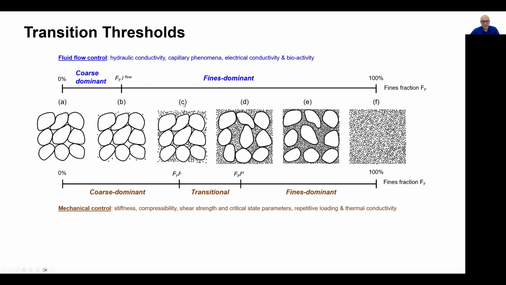By the time we are in section C, all the pores are filled with the fines, and so clearly the hydraulic conductivity will depend on the fines after this point, but still the skeleton is being controlled by the gravel.